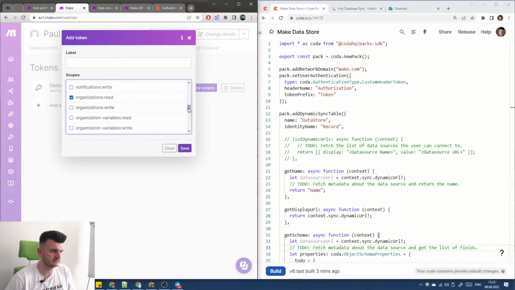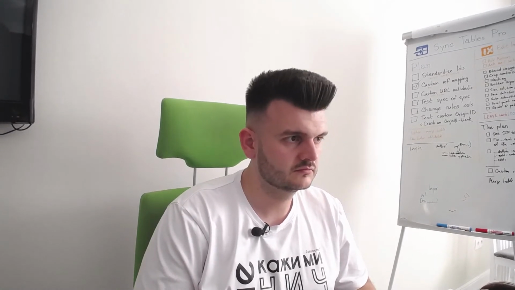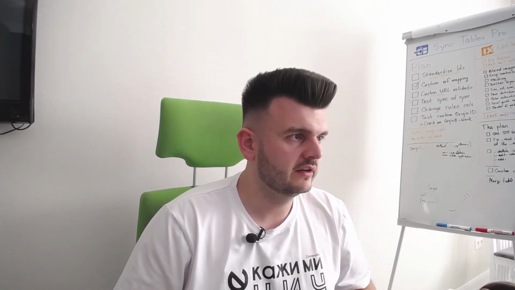Well, let's make a token that allows reading both the teams and organizations and the data stores. Maybe I will then actually make that variability. Let's see how far I can go with it.